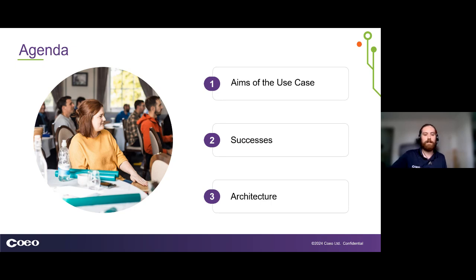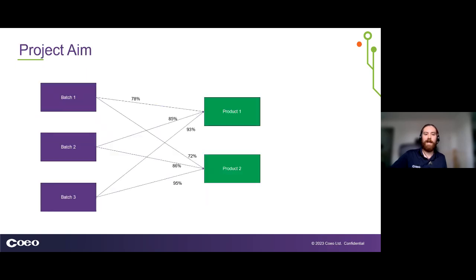So if we start off with the aims of the use case. This was a client sitting in the manufacturing area. Their particular interests lay with them producing their products in the most efficient way.